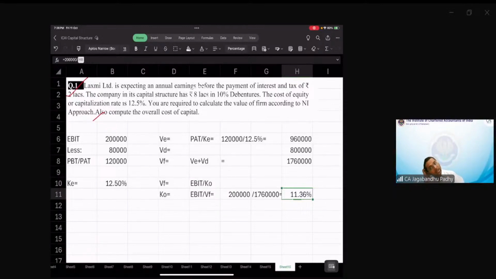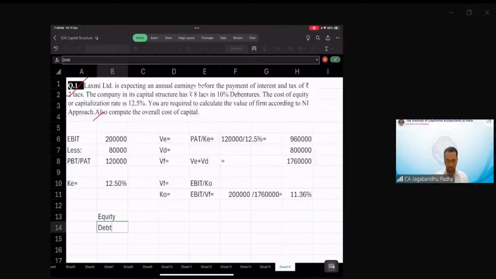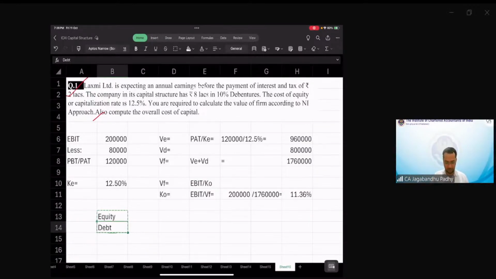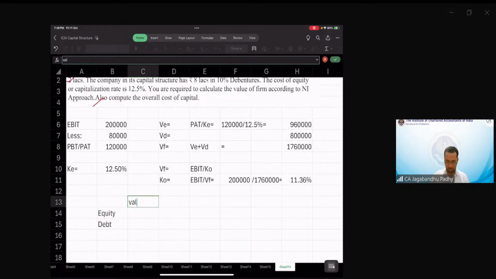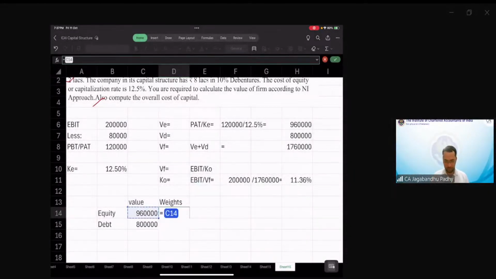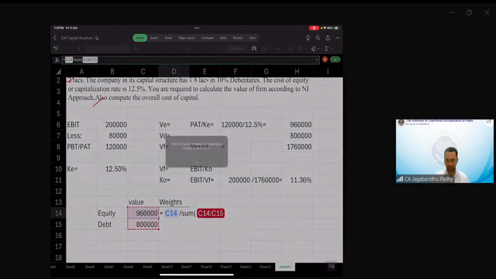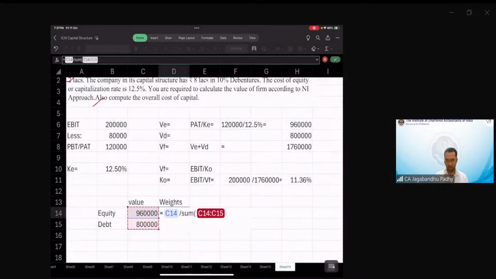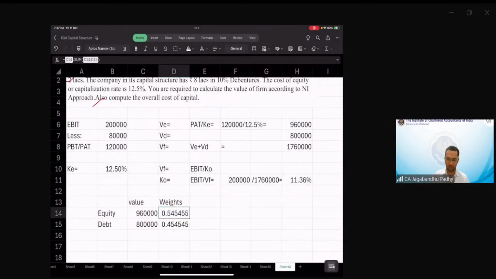We can also get this by taking the weighted average. Right? So let's say we can take down the equity, debt, and value: equity value is 9,60,000 and we have the debt value as 8 lakh. Of course, we can take the weights. Weights will be like value divided by the total of both, which is this, and then 1 minus this is going to be the second one's weightage. How do we get the weighted average? For that, we need to look at the cost.